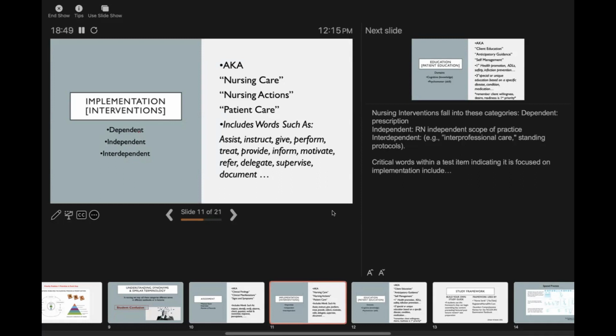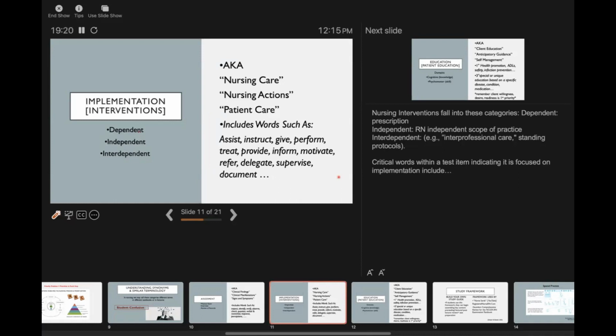So in interventions, we'll see a lot about nursing care, right? We'll see nursing actions, patient care. In a test question, we might see assist, instruct, administer, perform. Those are all clues that now we're going to have to pull something out of our category of nursing implementation or nursing interventions.